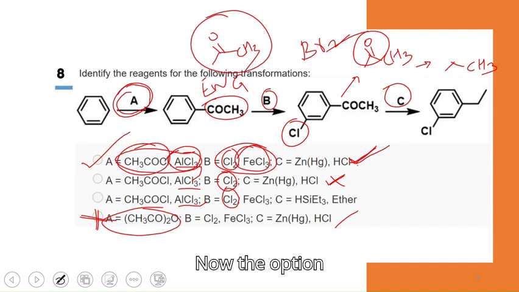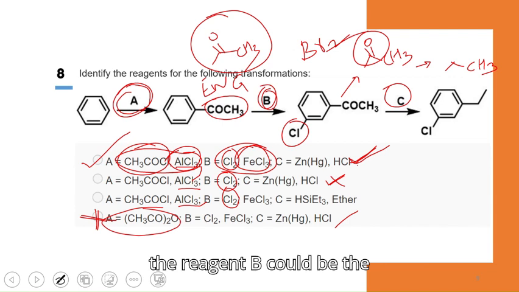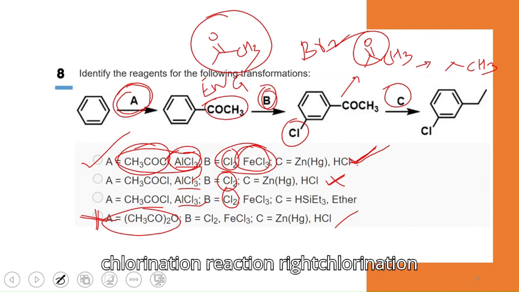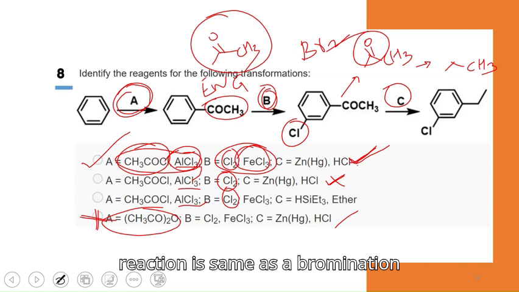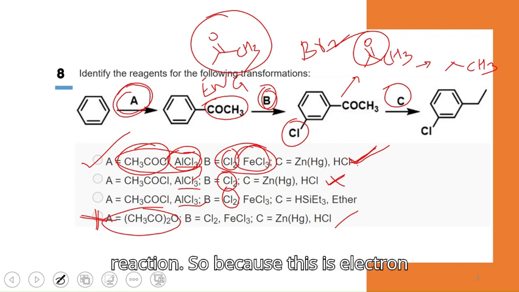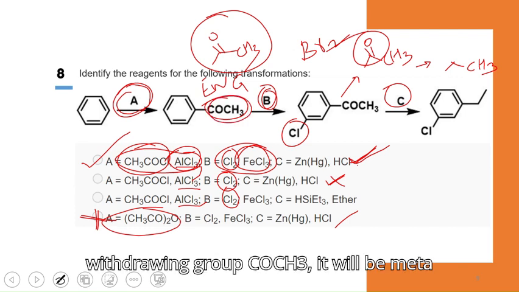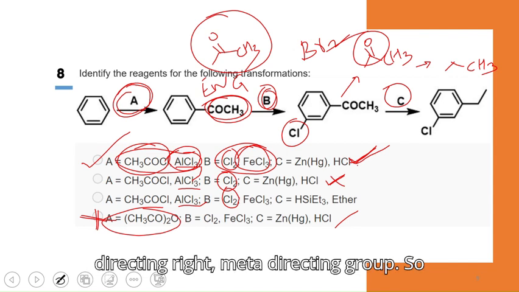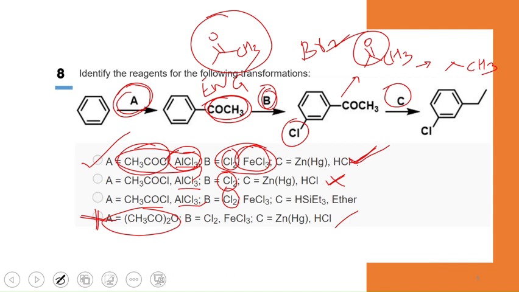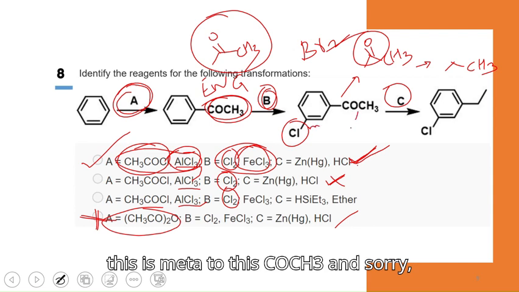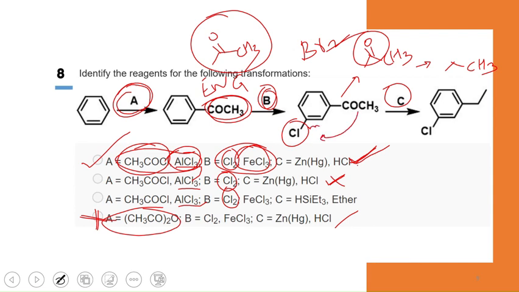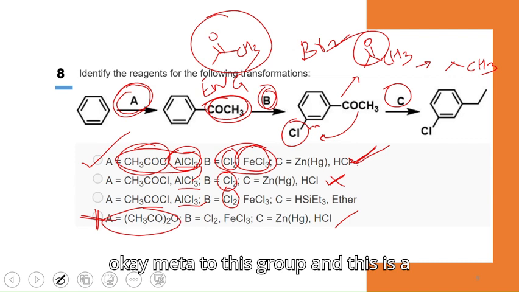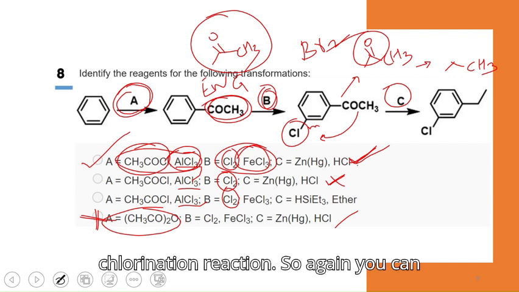Now reagent B could be the chlorination reaction. Chlorination reaction is the same as a bromination reaction. Because this COCH3 is an electron withdrawing group, it will be meta directing. So this is meta to this COCH3 group, and this is a chlorination reaction.